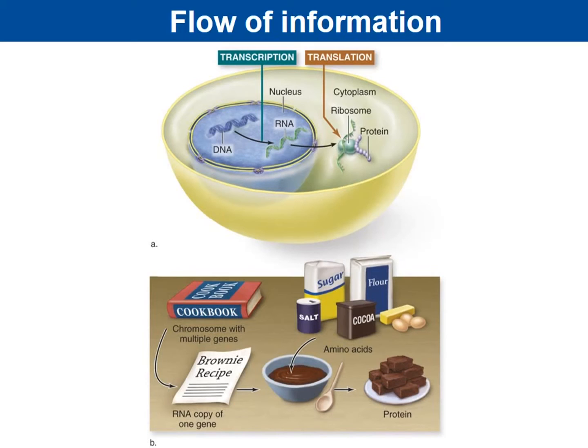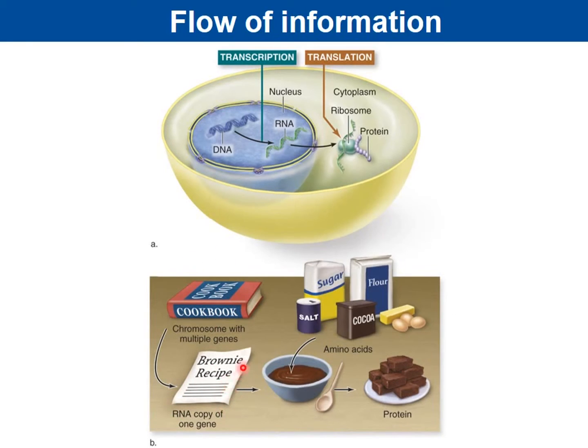Now, let's say that one of my friends wants my recipe for brownies. I go to my cookbook and I copy down my recipe for my brownies. I'm reading the information in my cookbook and transcribing it, writing it down on a separate piece of paper. That new recipe that I've copied is like our RNA. So here's our RNA copy of one of the genes in this cookbook.